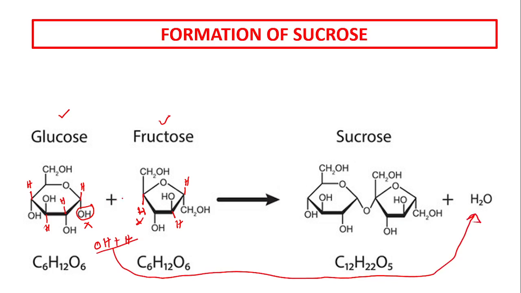And then a bond will exist between these two, and that bond, presented in red, is what we are calling the glycosidic bond. It is normally the 1,2 glycosidic bond. The 1 is from the fact that it is the first carbon of glucose, and the 2 is the second carbon of fructose.